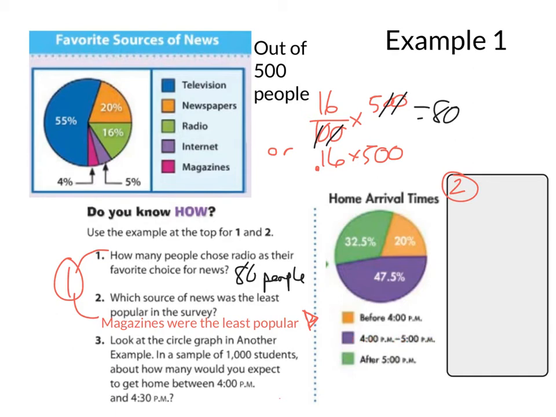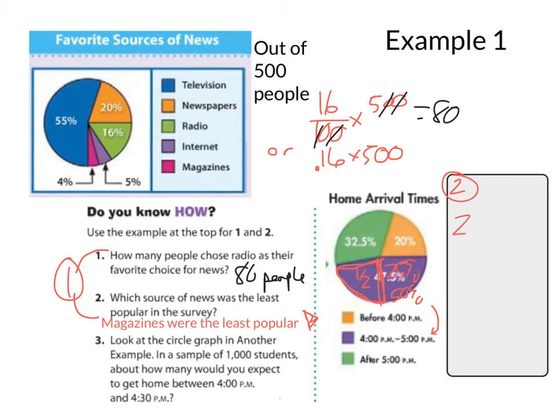So I would think that it would be about half of this. The question says, about how many would you expect? This was 47.5%. I'm going to round that to 50%. Those are the people that get home between 4 and 5, but they want to know between 4 and 4:30. So half of that is 25%.